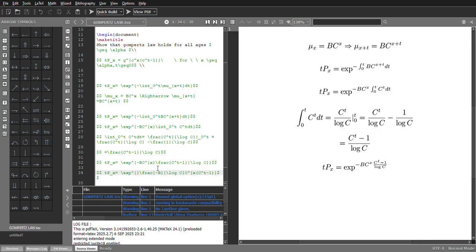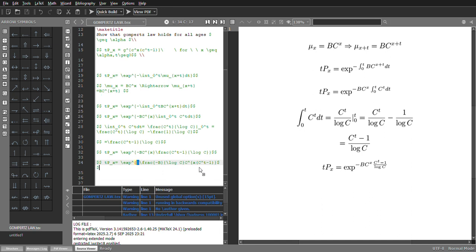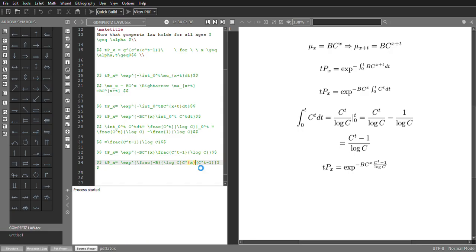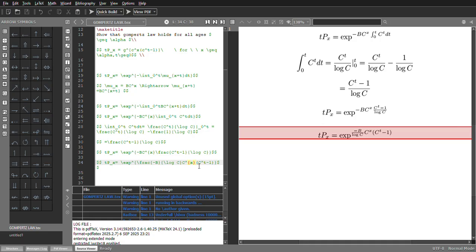Exactly, we have an error. This error is occurring due to this. Place that on there. So it should be running. So yeah, we have placed it now where we want it.